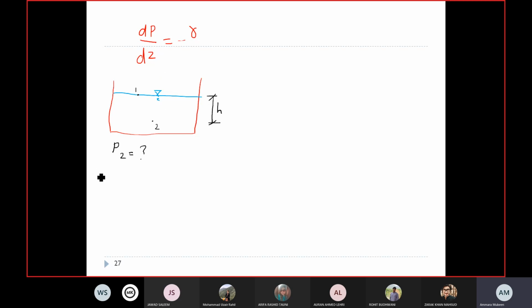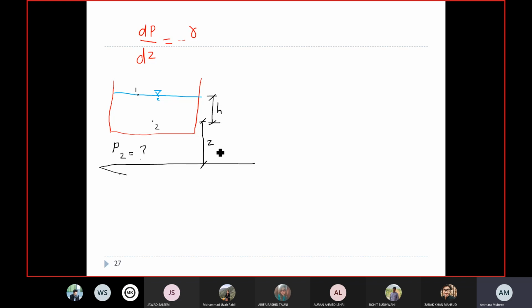You first need to draw one datum line, okay, and the distances of the datum from the 2 points should be specified.